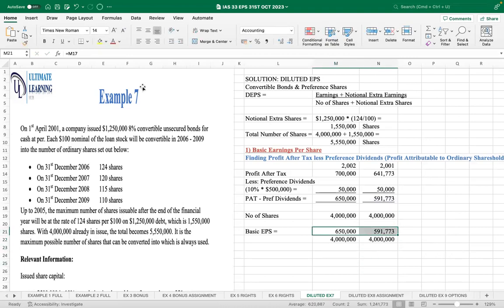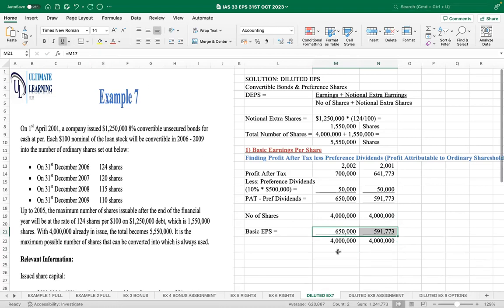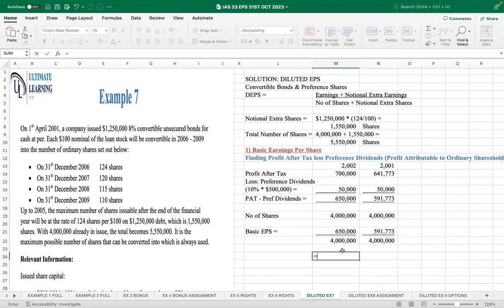So we can be in a position to get the basic EPS in each year. In this case, the basic EPS is 650,000 divided by 4 million, and this other side is equal to 591 divided by 4 million.